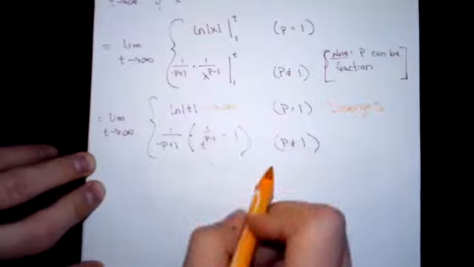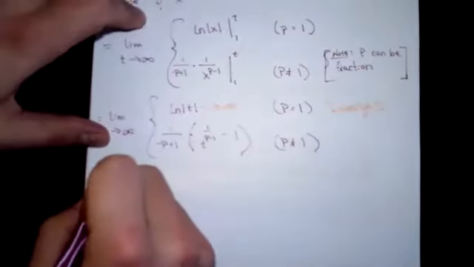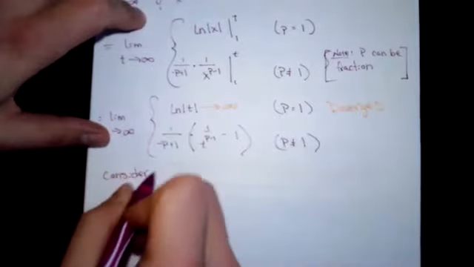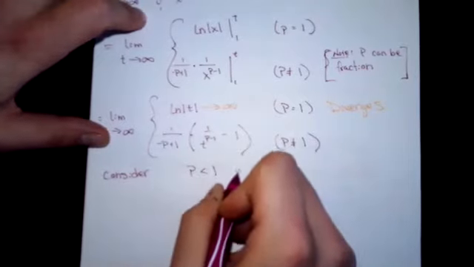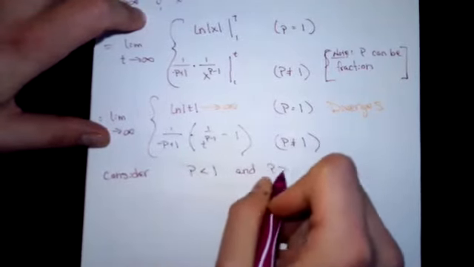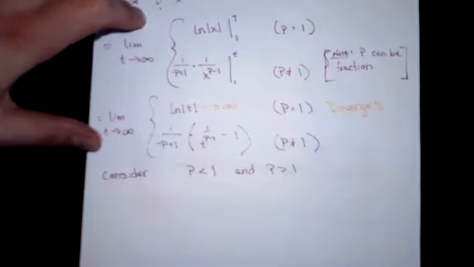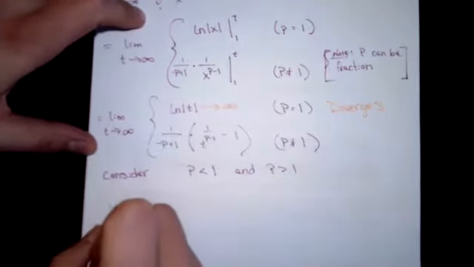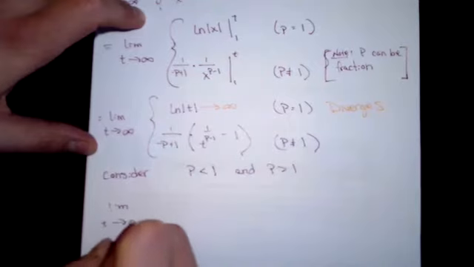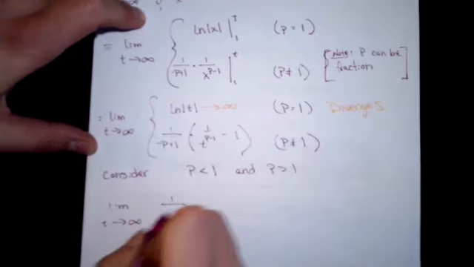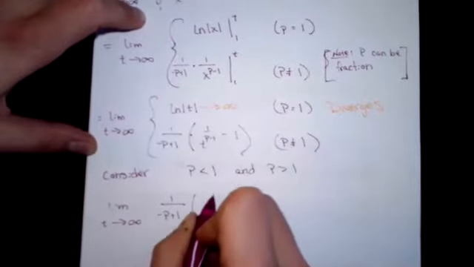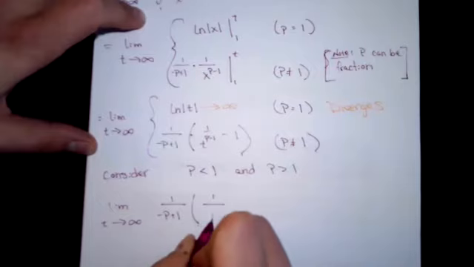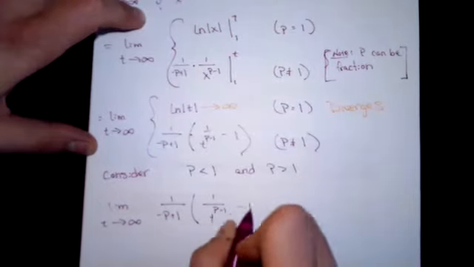Now for p not equal to 1, we actually want to split it into essentially p less than 1 and p strictly bigger than 1. So we have the limit as t goes to infinity of 1 over minus p plus 1 of 1 over t to the p minus 1 minus 1.